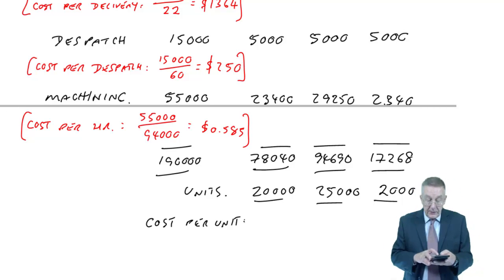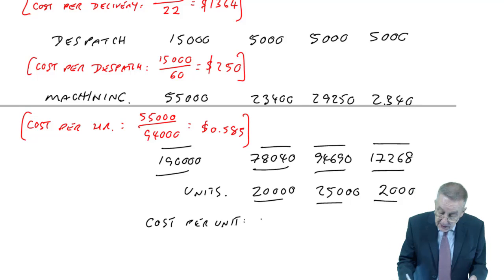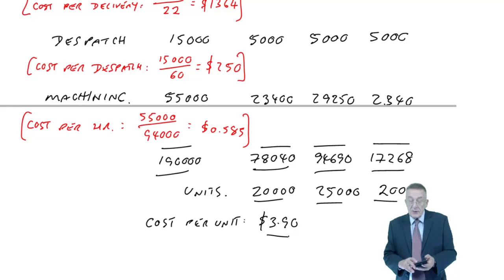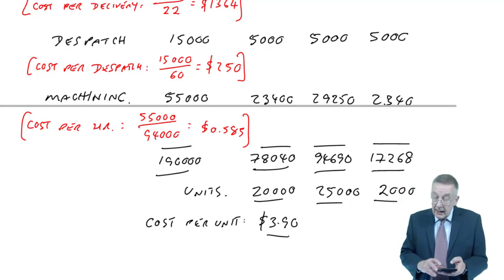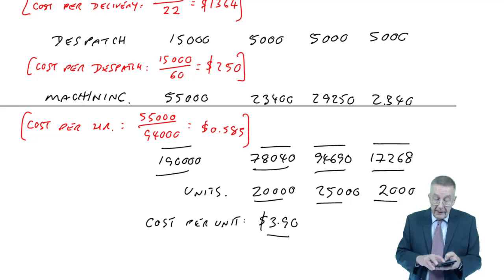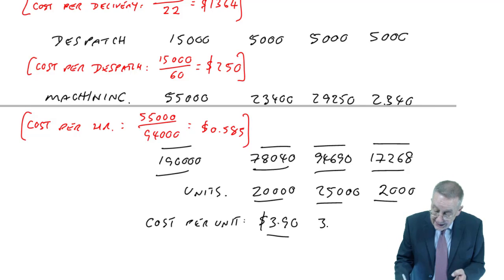For A, 78,040 for 20,000 units is $3.90. And here I certainly will go to the nearest cent, because we're now getting to unit costs. B, 94,690 divided by 25,000 is $3.79 per unit.